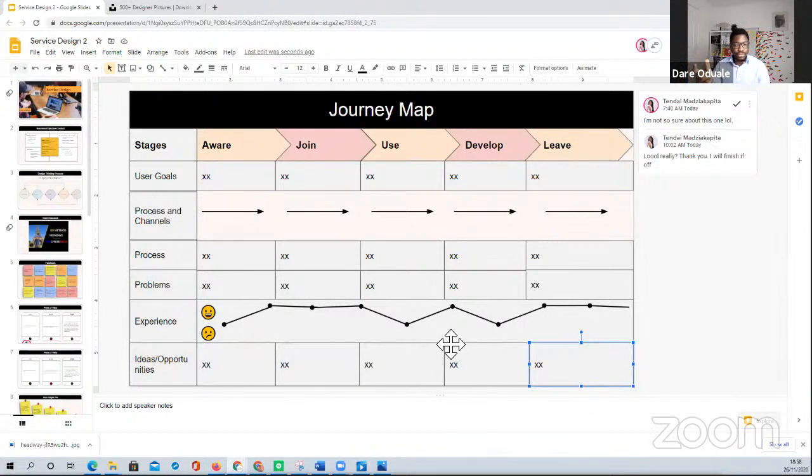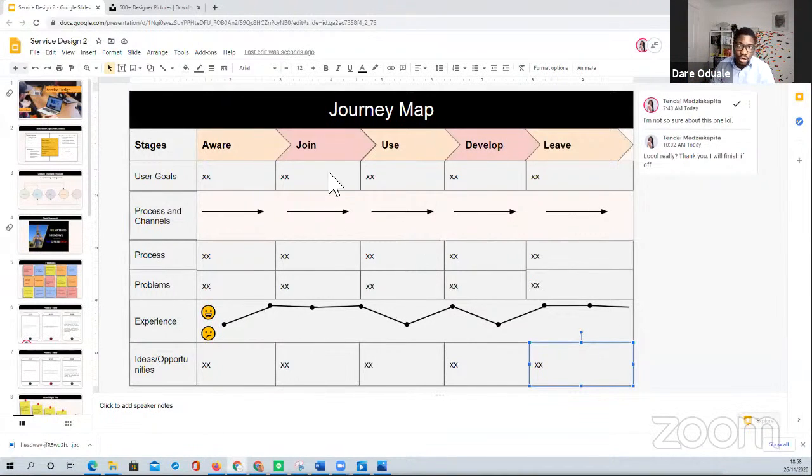And you can only fill those up if you've done those things in detail, like you've interacted with your customers, then you have insights. Because you can't just come up with a customer journey map and start filling it up by yourself. If you interacted with them, you know how they flow and things like that. And you've come up with some ideas. So this journey map is pretty much helping you to throw those things into boxes.